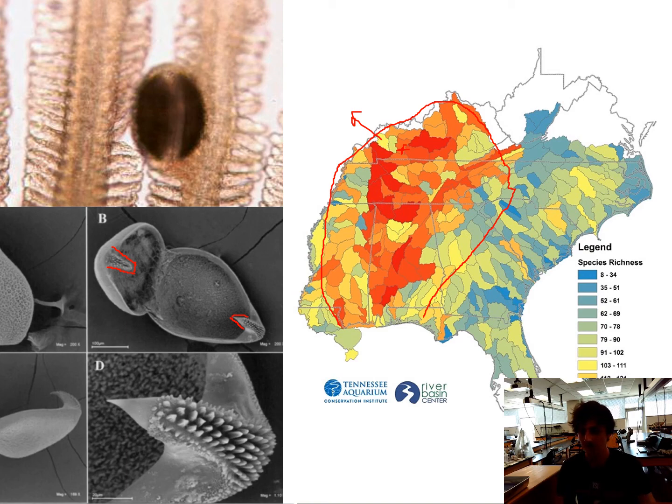And so another threat to these mussels are dams. If you dam a section of a river, you're preventing the passage of those fish to any upstream parts of that tributary. And so you're limiting the amount of habitat that these mussels can reach.